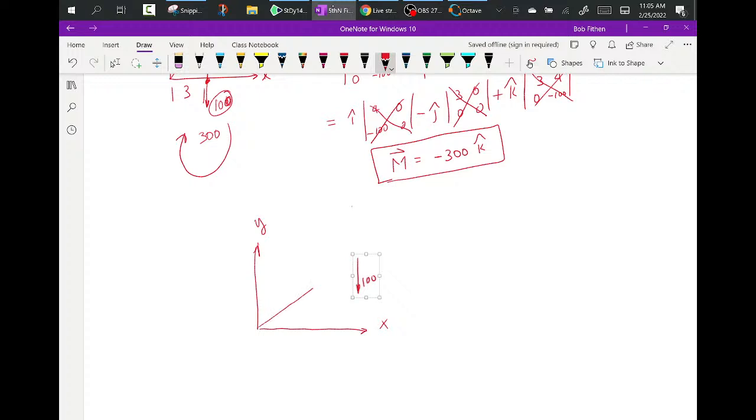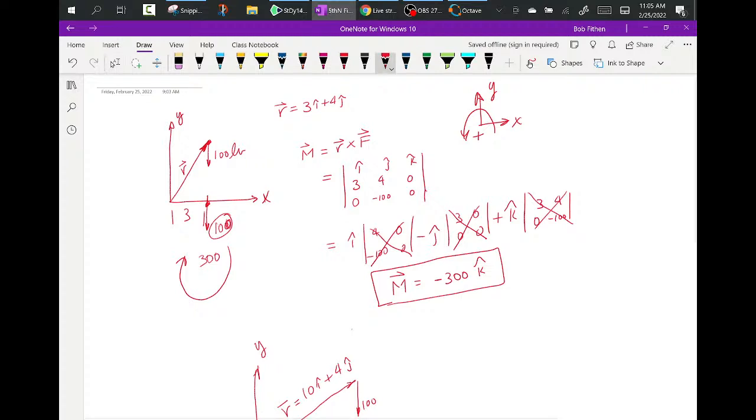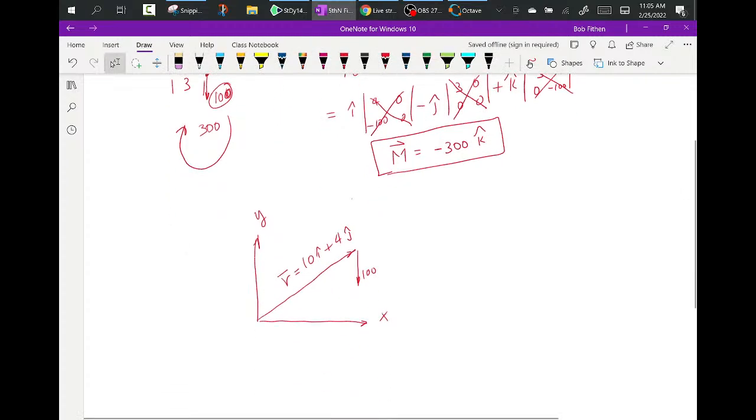This time my R vector, this time I'll say, hey, well, let's see, now it's 10i, or oops, I said 10, I wrote 100, plus 4j. So I simply moved it over to the right. Now, you can go through the math, but you'll end up with 100 times the 10.